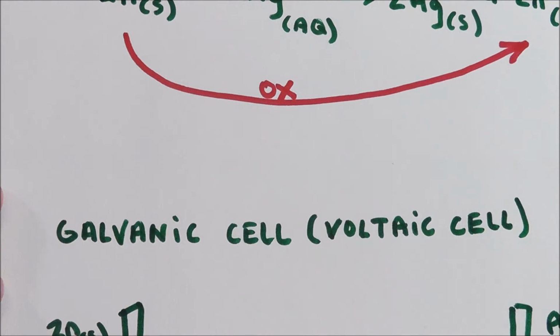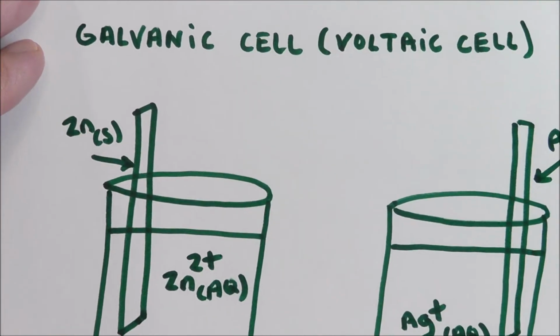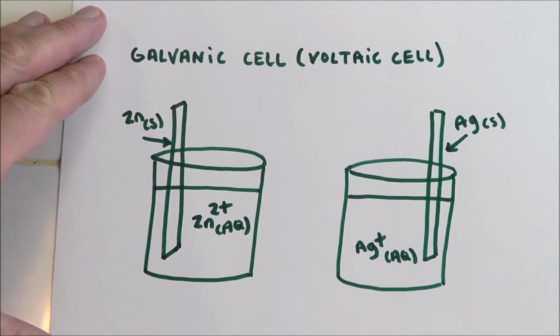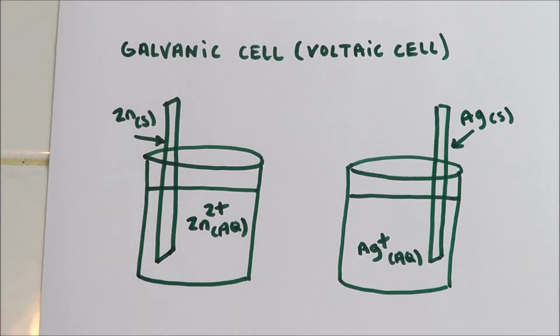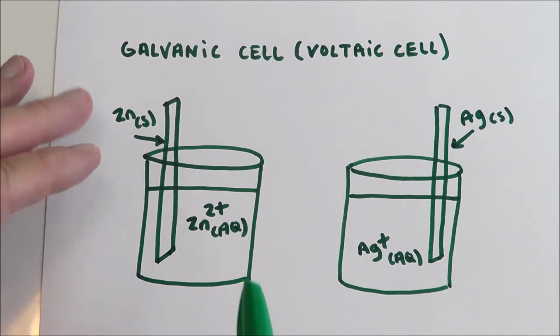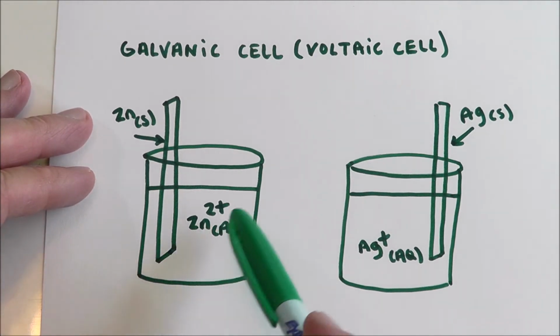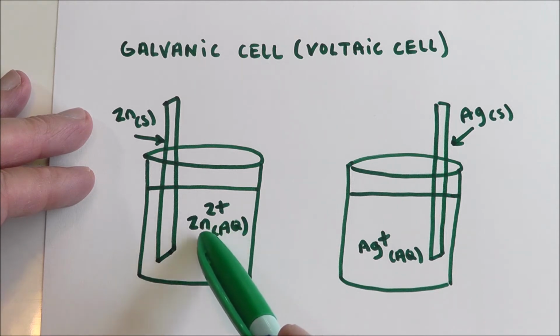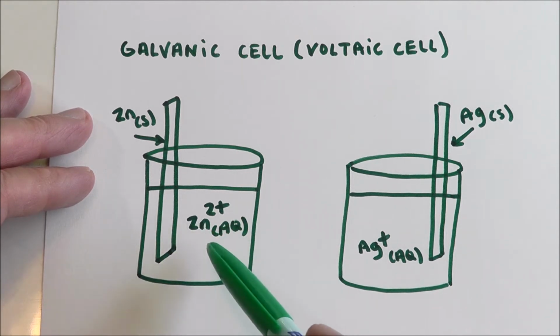So let's take that same exact reaction, except what we're going to do now is connect two separate compartments. In one of the compartments we have zinc in contact with zinc 2+. Now, I'm just trying to simplify here. You know that ain't zinc 2+ by itself. That's got to be something like zinc nitrate, zinc sulfate.